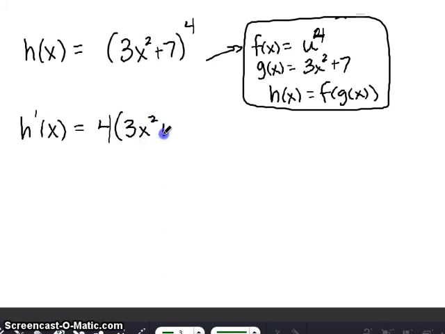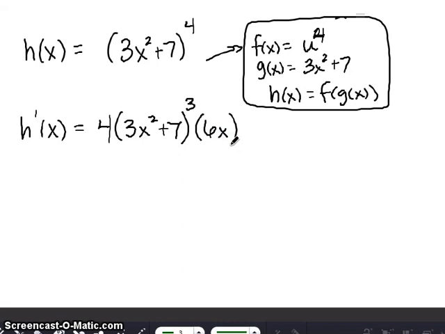The thing we took the derivative of, our inside function, is going to stay the same. Drop your exponent, and that's the derivative of the f prime part. Then we need to multiply it by g prime. So the derivative of the inside function is 6x.